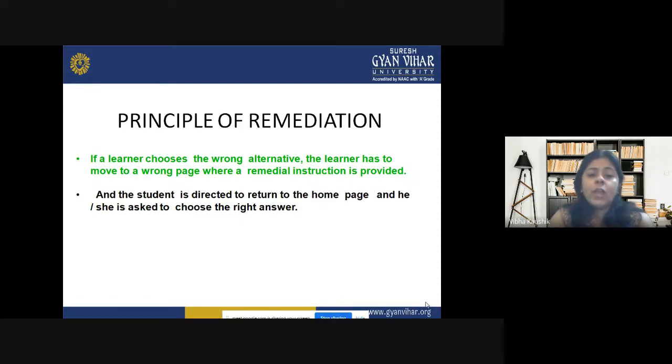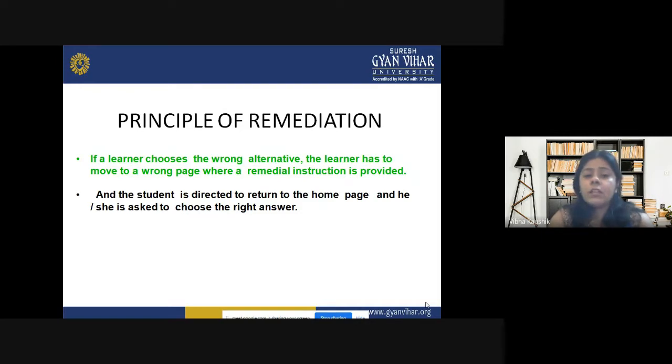Now, when a wrong alternative has been chosen by the learner, what will happen? That takes the learner to a wrong page where a remedial instruction is already provided by the programmer.